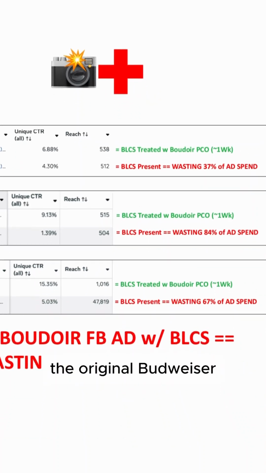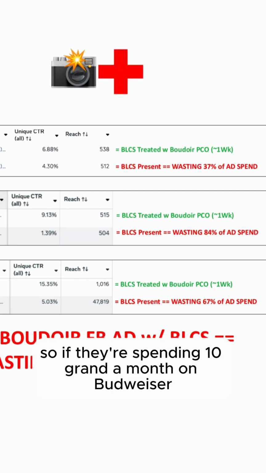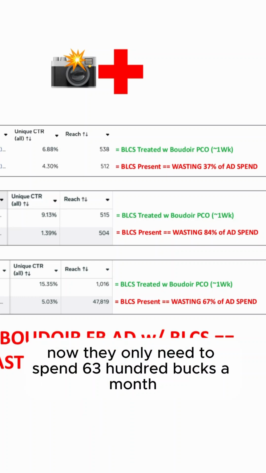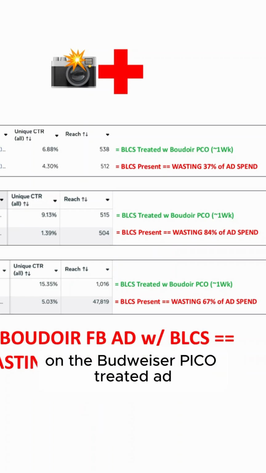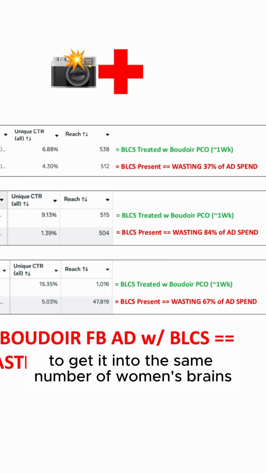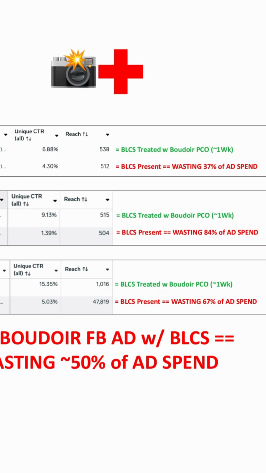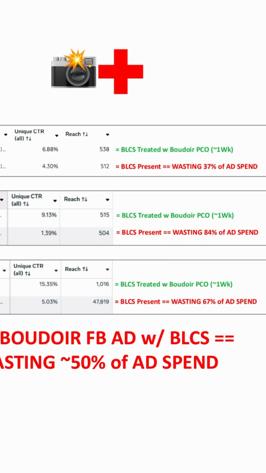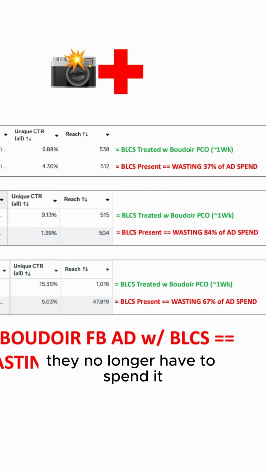So we found out the original boudoir Facebook ad was actually wasting 37% of ad spend. If they're spending 10 grand a month on that original ad, now they only need to spend $6,300 a month on the Boudoir Pico treated ad to get it into the same number of women's brains. That's the magic of Boudoir Pico. So that $3,700 a month that they decrease their ad spend by, they no longer have to spend it.